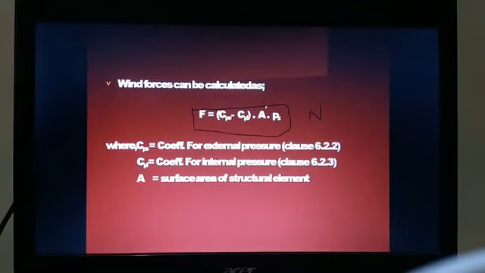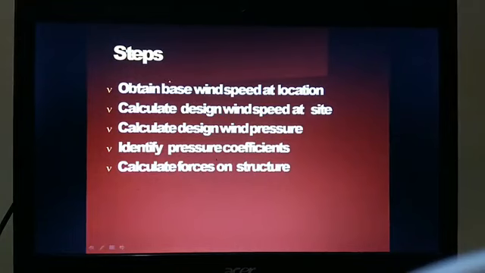Understood? Next, see the steps to design for wind force. Obtain the base wind speed at the location. Calculate the design wind speed. Calculate the design wind pressure. Identify the pressure coefficients. Calculate the force. For calculating the force, you have to calculate CPE and CPI.